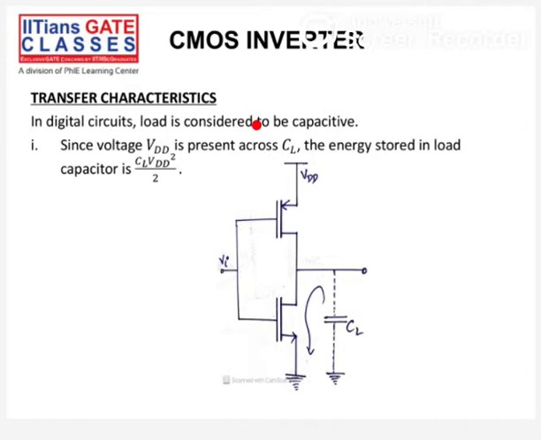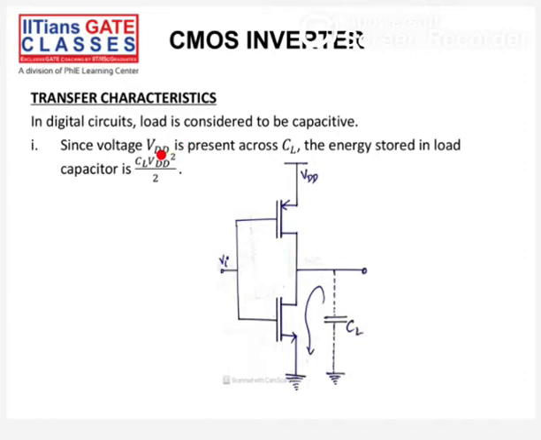Digital circuits means we have either 0 or 1 variation, 2 states. But in analog circuits we have many states, so we take the load as a resistor. In digital circuits we have the load as a capacitor, which we keep at the output.